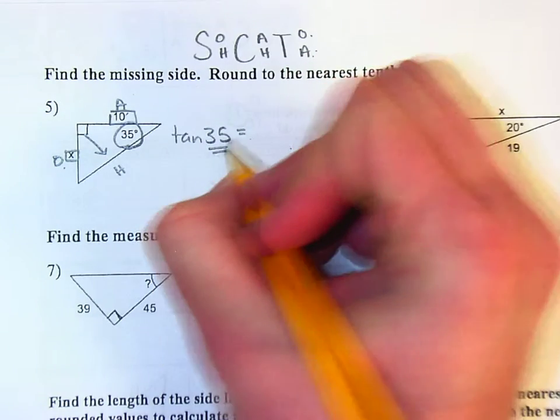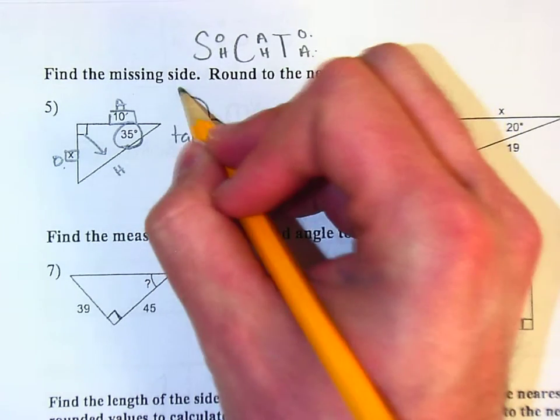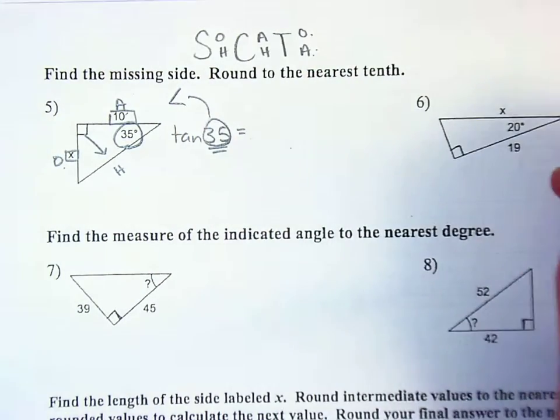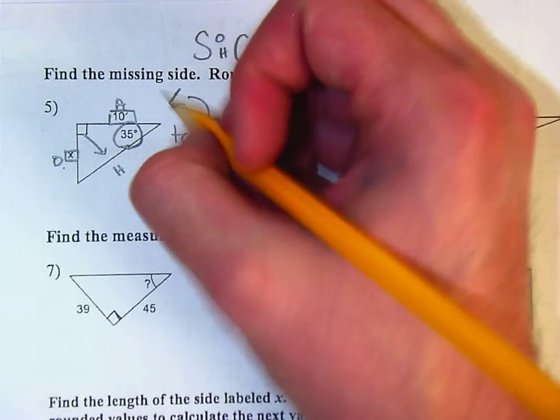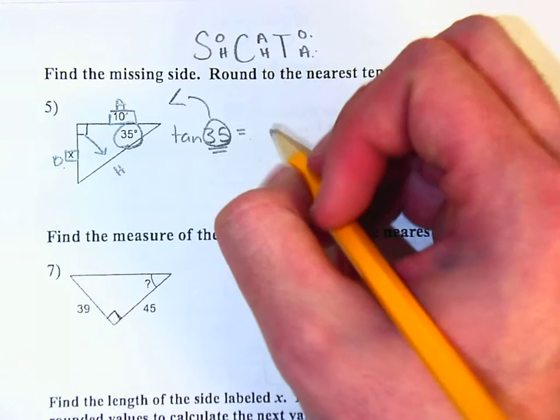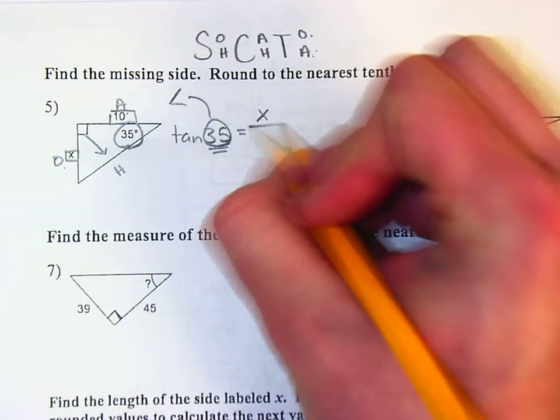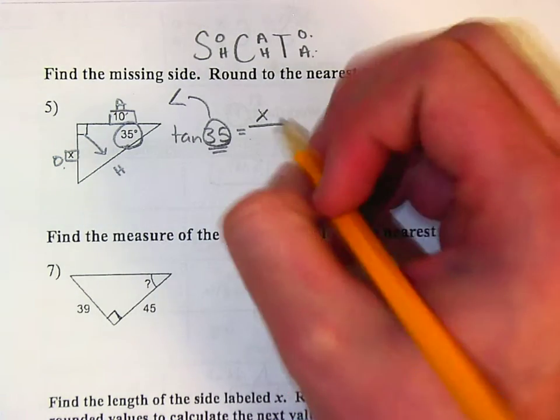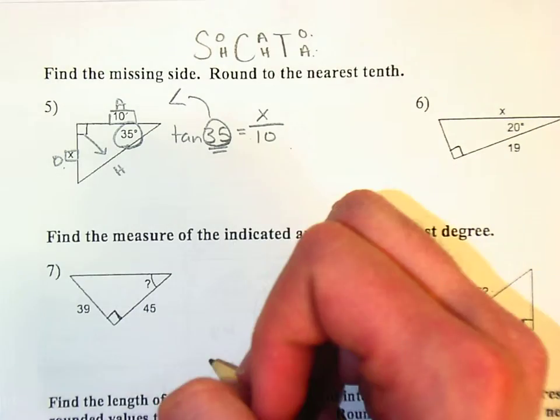Remember, this is always our angle. Our angle always goes inside the parentheses, inside the trig ratio. So tangent of 35 equals the opposite, or x, over adjacent, or 10.